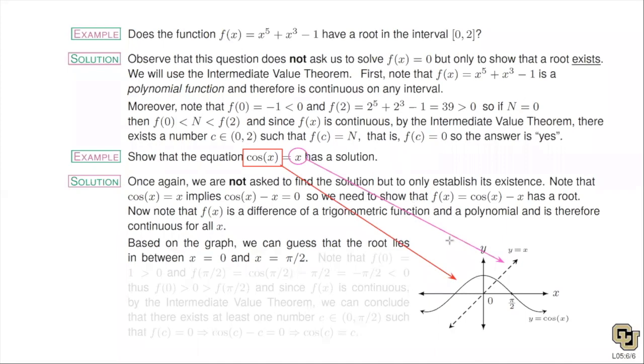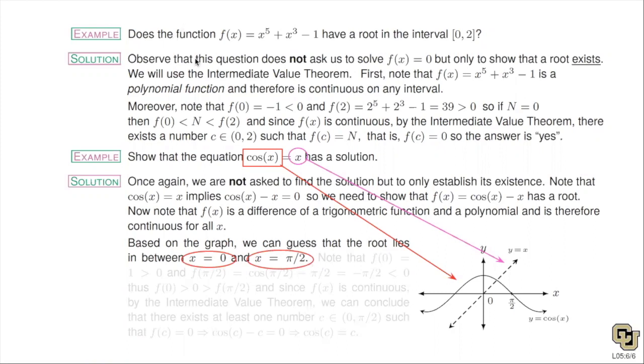I want to find this value, or at least show that this number exists. So this intercept is what we're looking for. But from the graph, I can just eyeball it and estimate visually that the intercept is in between 0 and pi over 2. So based on the graph, I'm going to guess that there's a root between 0 and pi over 2.